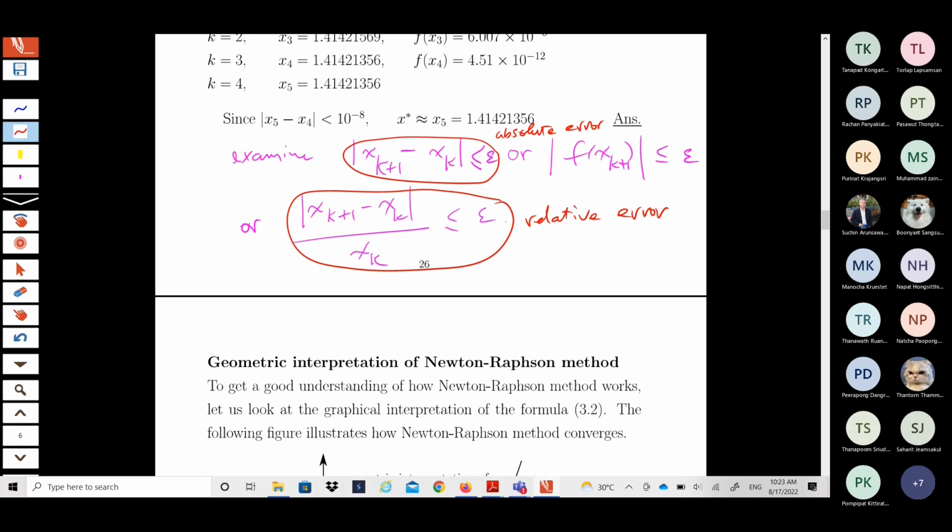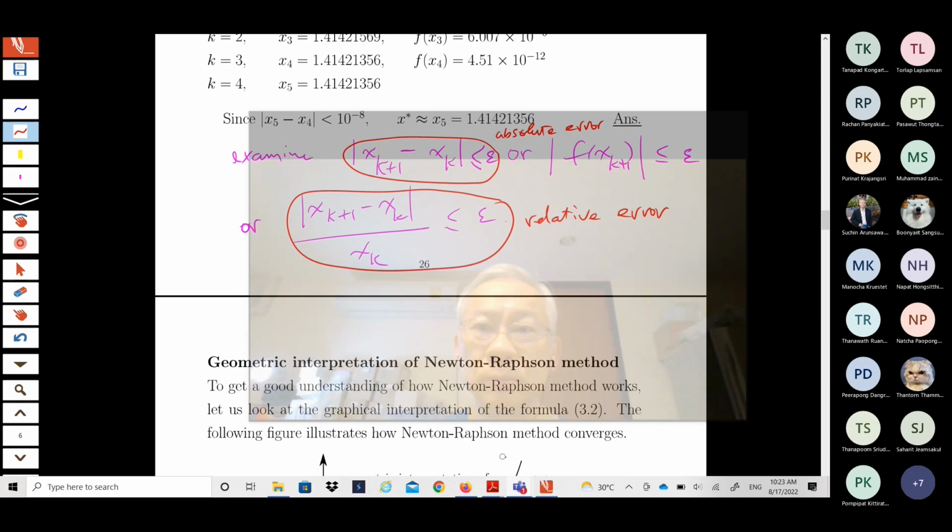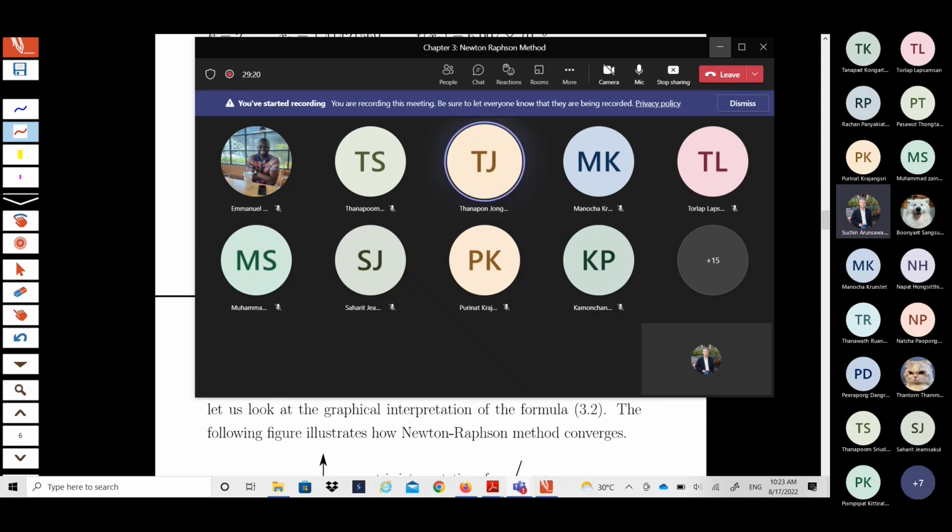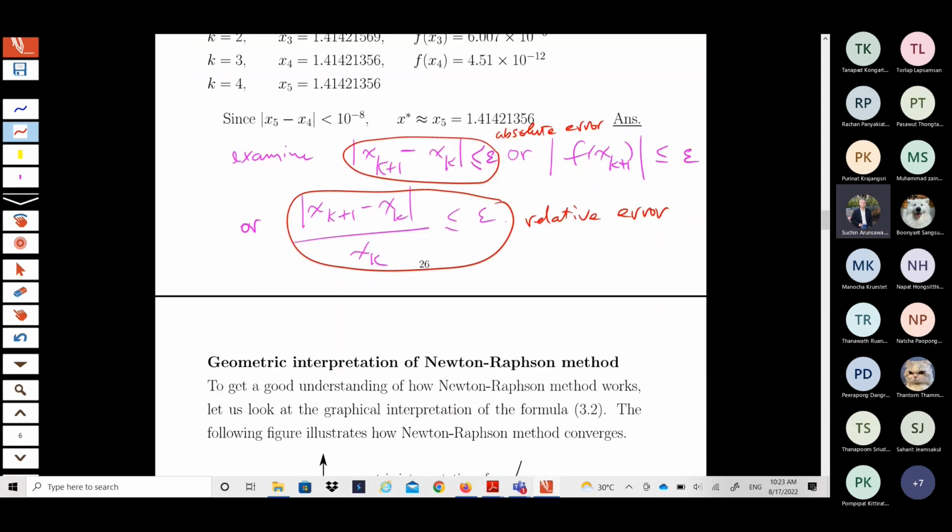Why? Now can you see the difference, Thanapon? Yes. Can you see the difference between the two forms? Are they different?